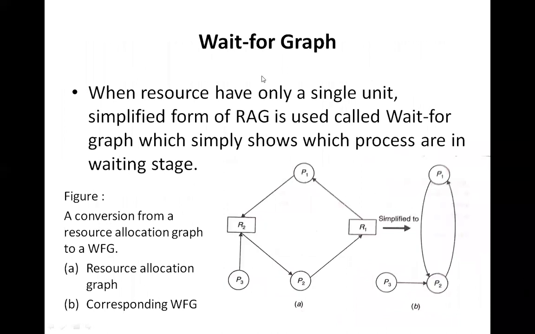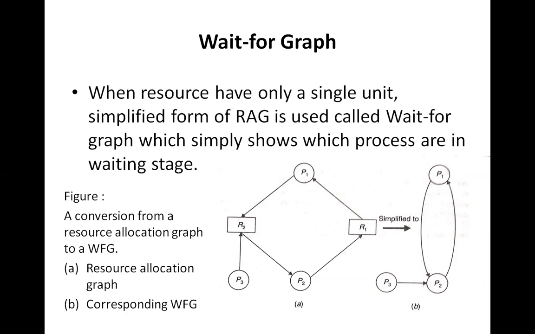Now, the wait-for graph. When all the resource types are having only a single unit in a particular system, then we don't try to go for the resource allocation graph. Then we try to go for a simplified graph. And the simplified graph is actually obtained from the original resource allocation graph.